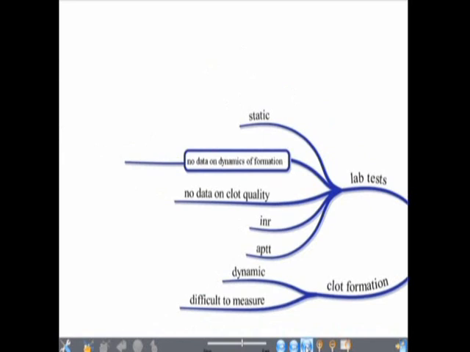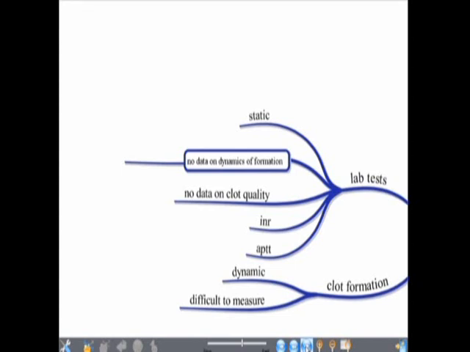It's just a number telling us it's taken this much time for the blood to clot, but we don't really have an indication of how the platelets are functioning, how the fibrin is interacting, at what rate they are interacting, and if someone's bleeding, whether the clots are likely to be strong enough to stop the bleeding on a long-term basis.